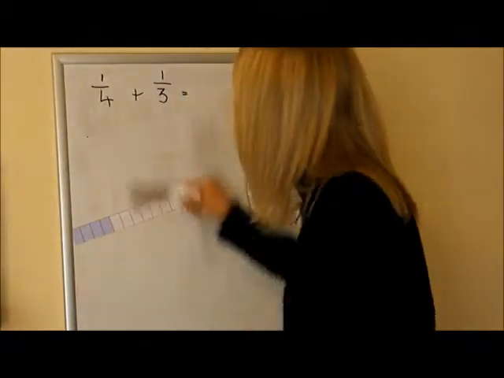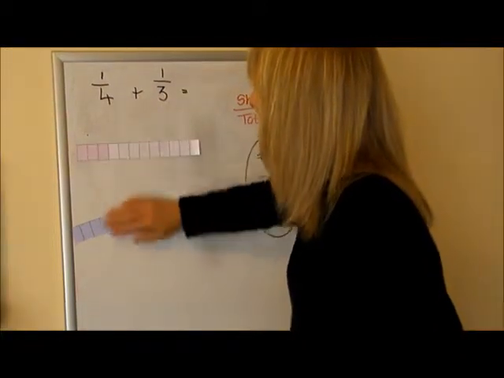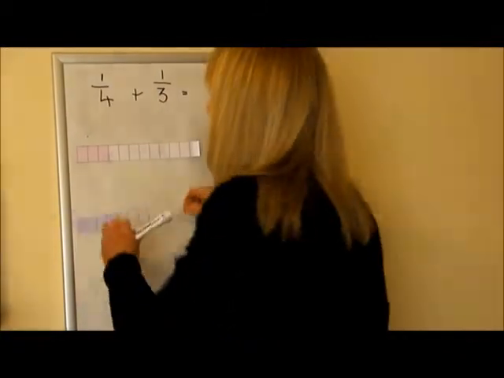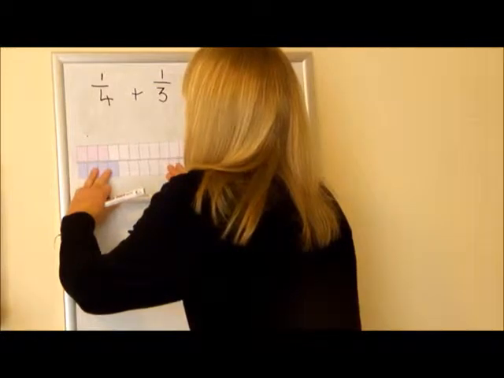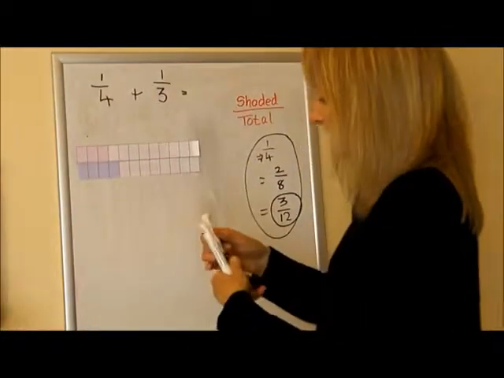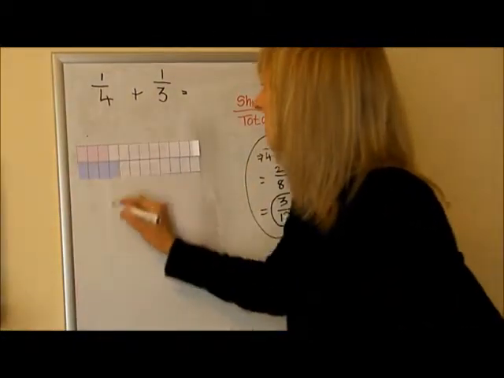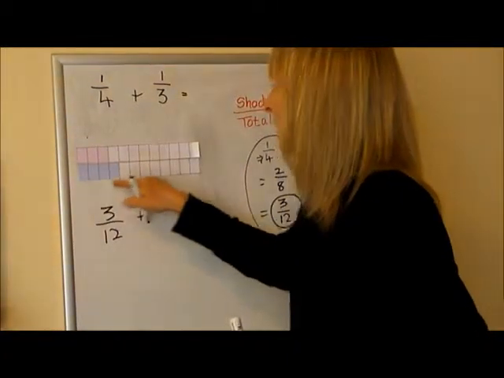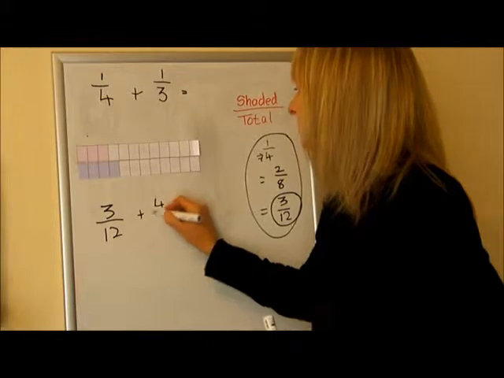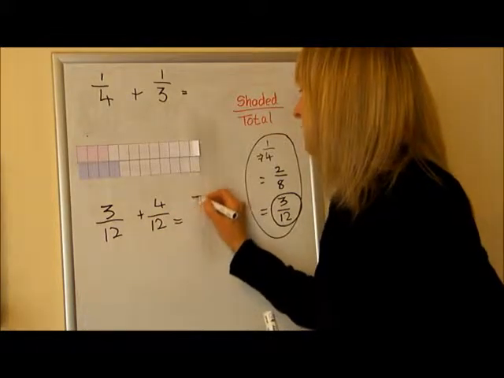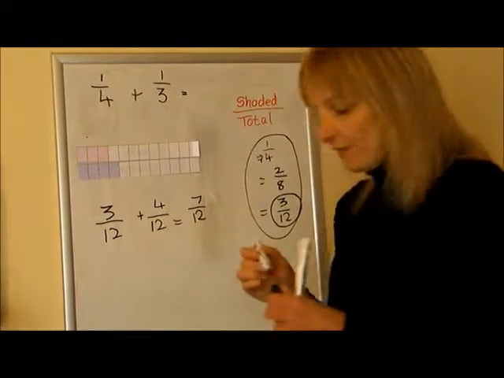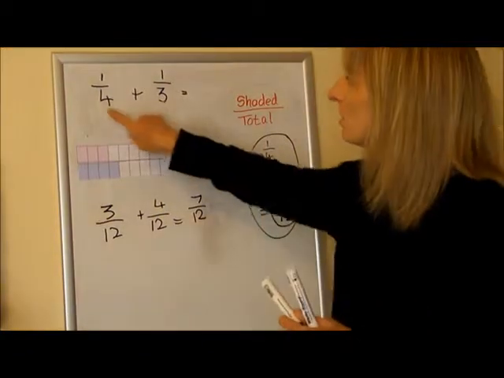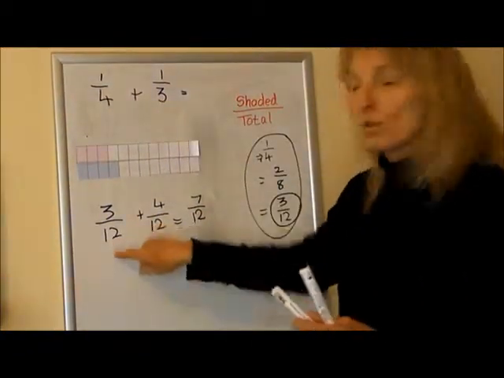My 1/4 up here is 3/12, and my 1/3 is 4/12. So I'm dealing with the same denominator. So I've all of a sudden now got 3/12 plus 4/12 and that gives me 7/12. So I've found a common denominator, and if you notice, 4 3s are actually 12.